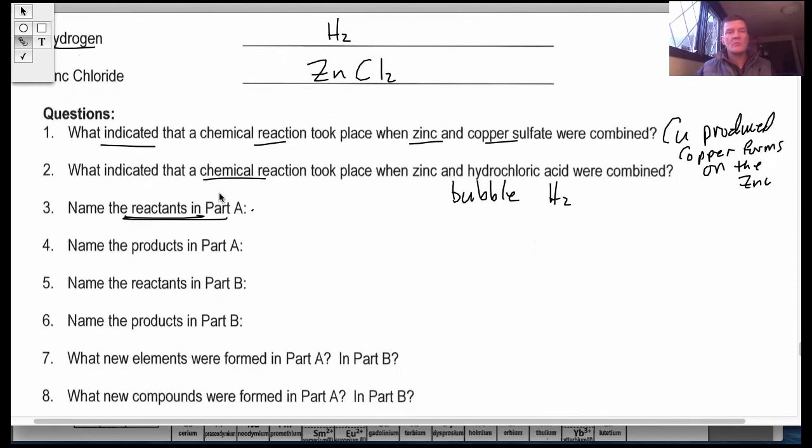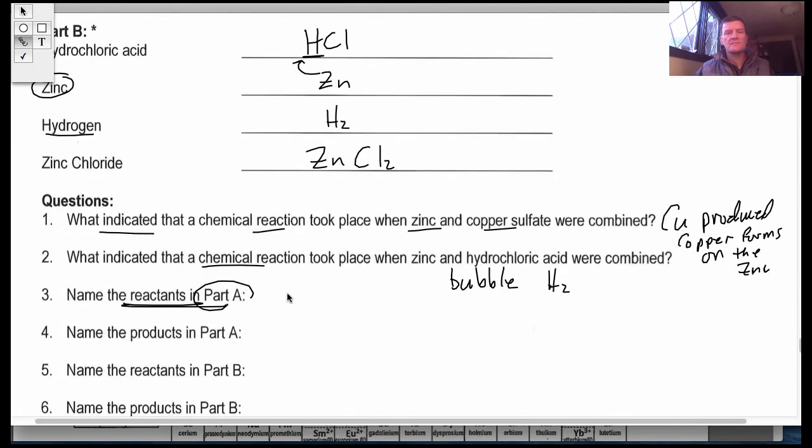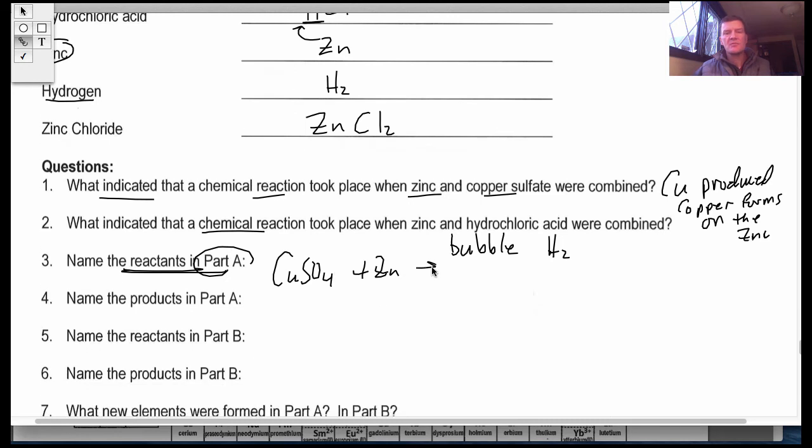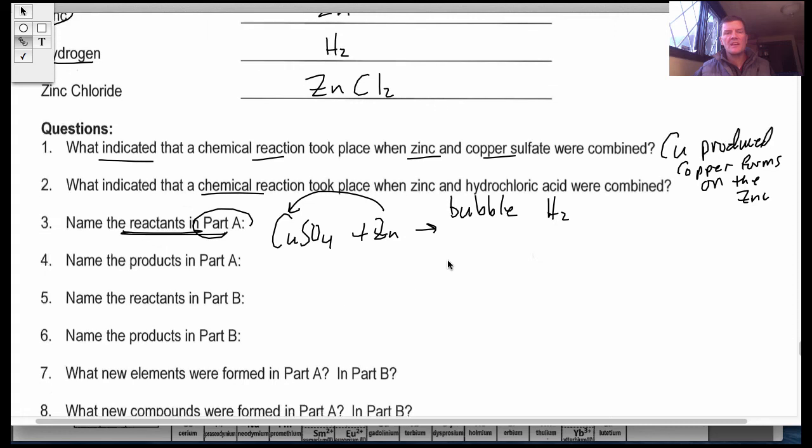So what are the reactants in part A? In part A, we're going to have copper sulfate and zinc. Copper sulfate and zinc. And that is going to produce then, this zinc is going to kick out the copper, and it's going to be the copper that's by itself, and we're going to have the zinc sulfate in solution. And the copper is going to be formed by itself.